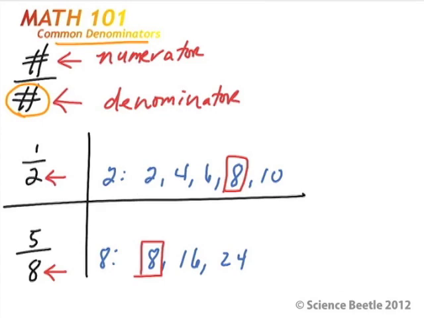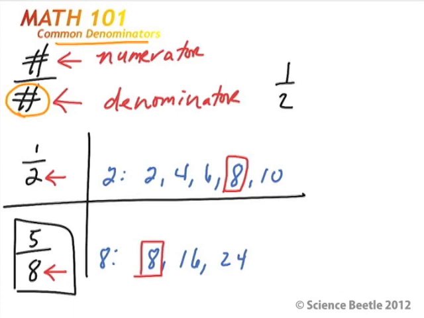Now, finding the common denominator is just the first step. The next step is to make these fractions equivalent to one another. Since we know the 5/8 is already at the 8, we need to write 1/2 as an equivalent fraction using the denominator of 8.